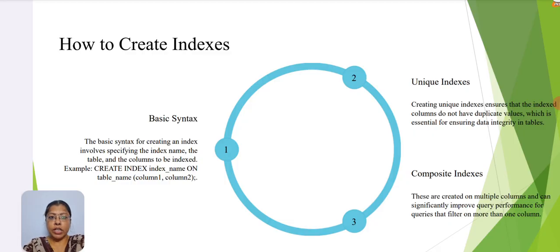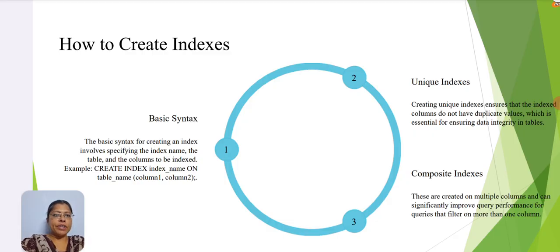If we need to create an index for bank account transactions, it could be the transaction table. There we can find the student name, customer details or transaction details easily using these index numbers. This is the basic syntax for creating an index, which we apply in a query tool. This is called a basic index.